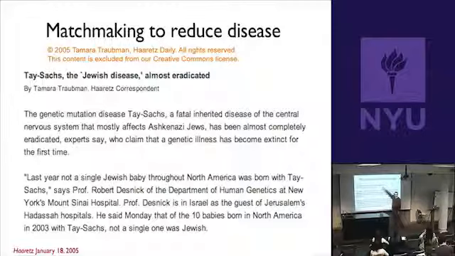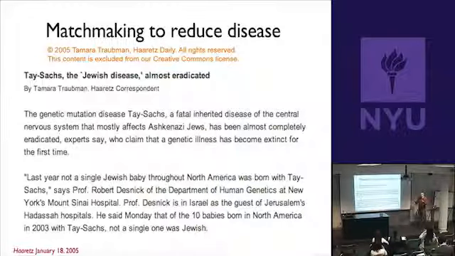So that sort of goes against this number of 1 in 2,500 that I just told you. And the way it's achieved basically is that it's very common for two people of Eastern European Jewish descent to actually get genetically tested before they have children to find out if they're both carriers.